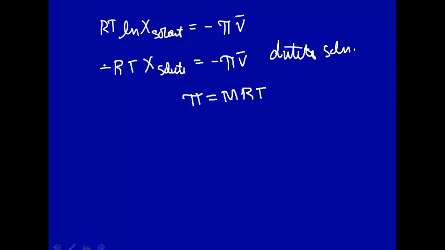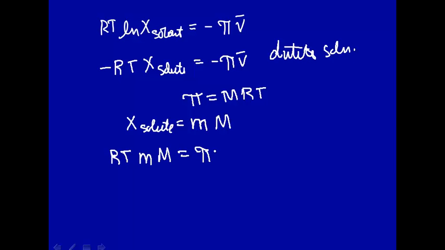I think we can. This is a minus and a minus, so that sort of cancels out. And let's just remember that the mole fraction of the solute is equal to the molal solution concentration times the molar mass of the solvent. So if we just put that in, we have RT times the molality times the molar mass of the solvent.